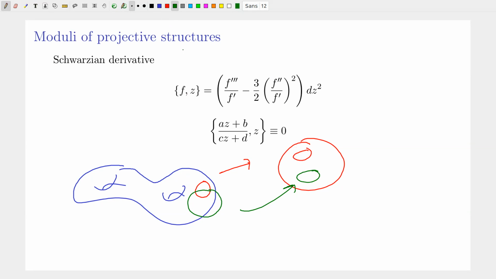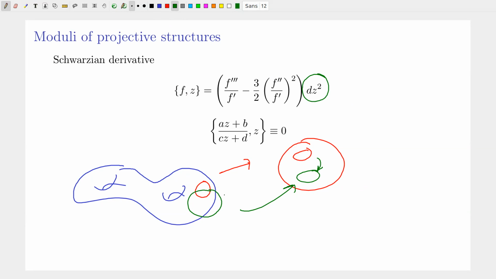And these maps are not fractional linear transformations. But you can nevertheless evaluate the Schwarzian derivative of this map. This Schwarzian derivative gives you a quadratic differential. So in this way, you can measure the difference of two projective structures as a quadratic differential locally. And in fact, this quadratic differential will be globally well defined.